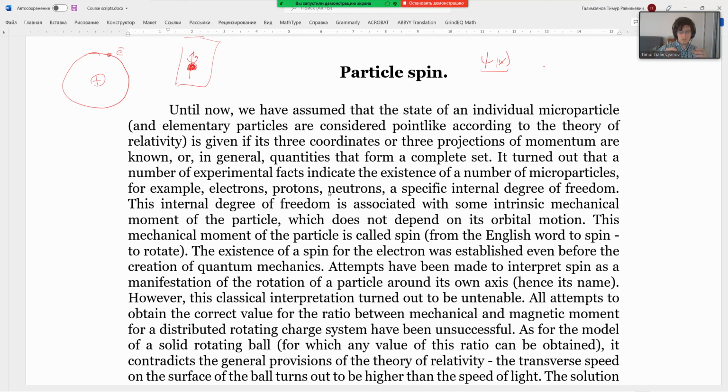And in quantum mechanics, in elementary particle physics, the particles do not have sizes.